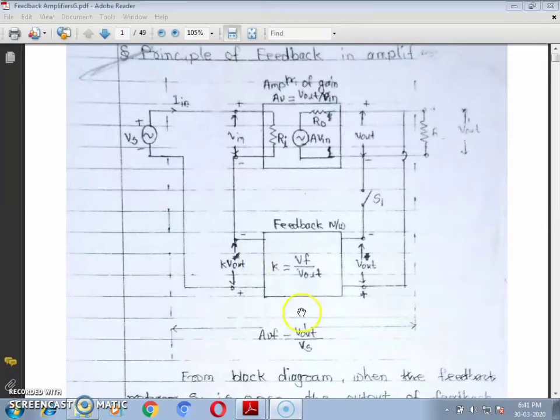So this is a feedback network. This feedback network has its input as well as output. Also the basic amplifier has input labeled Vin, output labeled Vout, and at the output port we have connected a load RL.